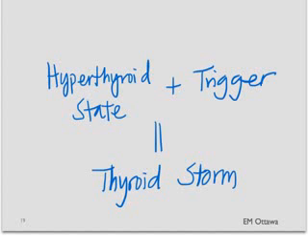Therefore, hyperthyroid state plus trigger equals thyroid storm. Remember, the signs and symptoms are exaggerated symptoms of hyperthyroidism. Please continue to Part 2 for diagnosis and treatment.